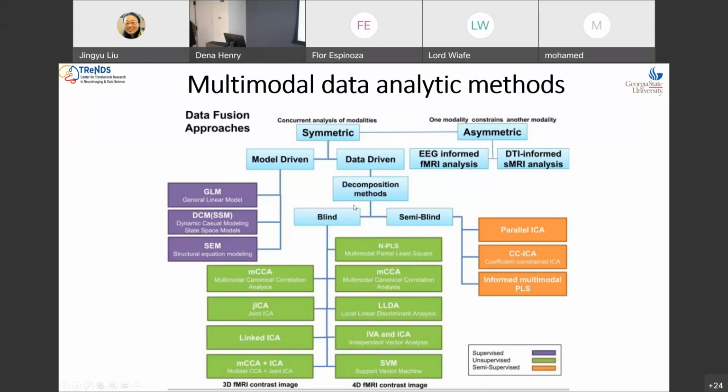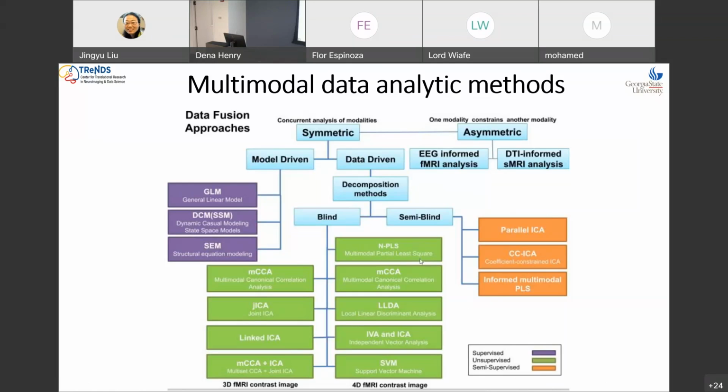By no means is this list complete. Recently, more data and more analysis tools have come in. But just to give you an overview, a lot of methods can be used. And our own group, as the TReNDS center, can provide all of this analysis.